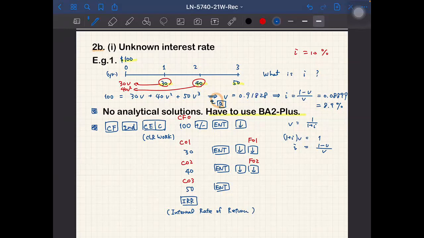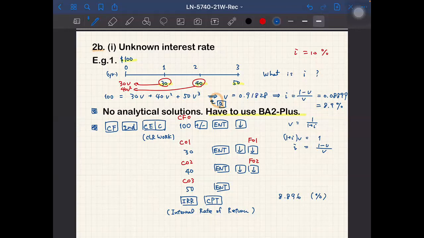After you type IRR, maybe you have to type compute, or maybe you don't really have to, but anyway, after that you get on screen 8.896 in my case. Maybe it depends on rounding, but it is 8.896%.